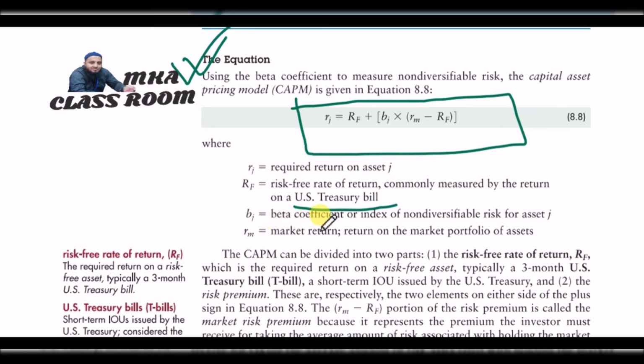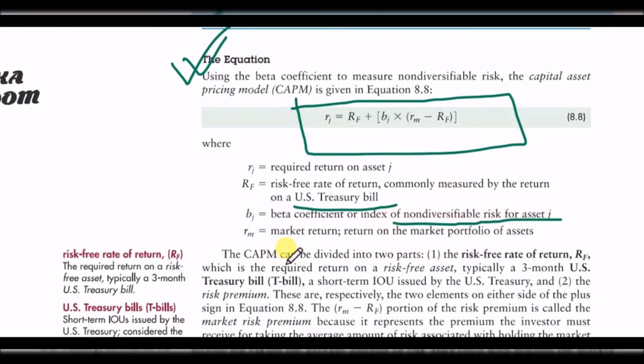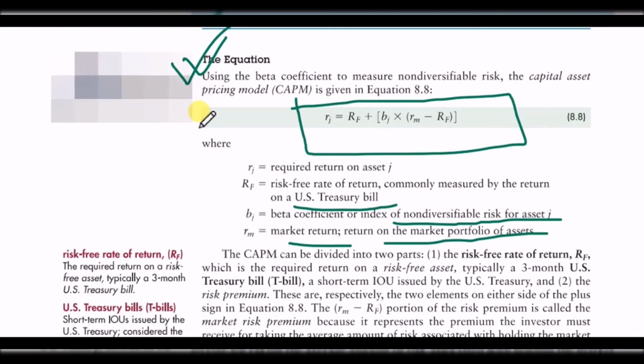Beta J is the beta coefficient or index of non-diversifiable risk for asset J. RM is the market return, the return on the market portfolio of assets. Actually these are the formula of our CAPM.